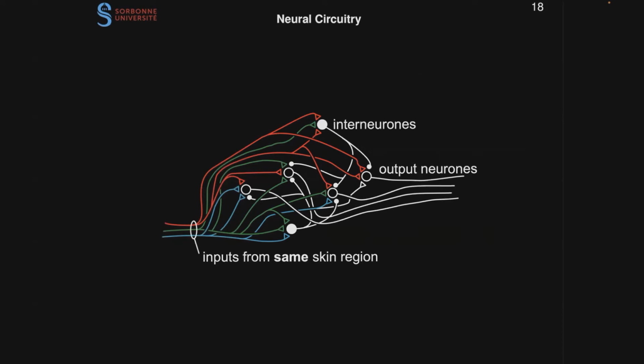So the neural circuitry essentially is a bit like that. You have afferent inputs, which are shown here in red, green, and blue, and they have excitatory inputs on the output neurons, but there are also interneurons which have inhibitory action, both from other neurons and from the inputs.